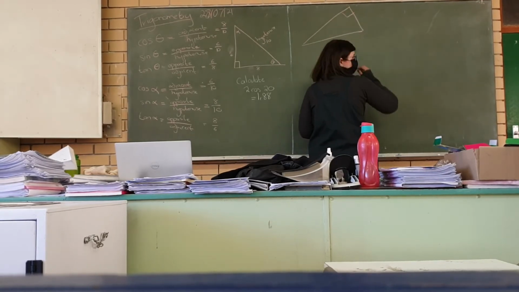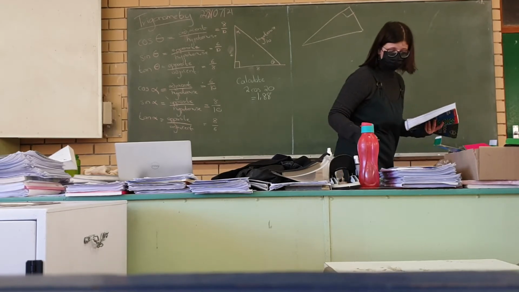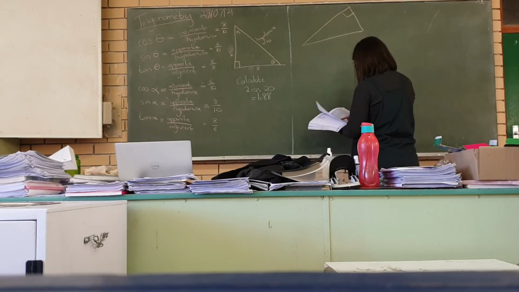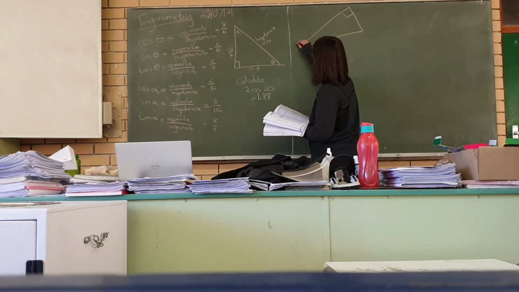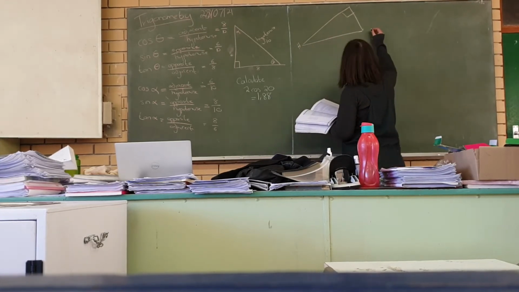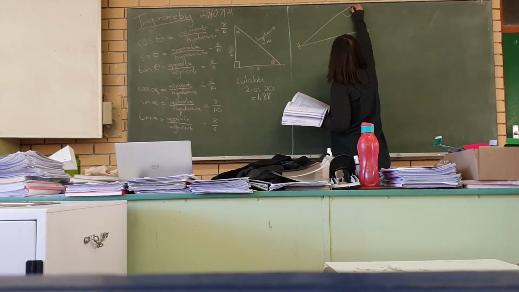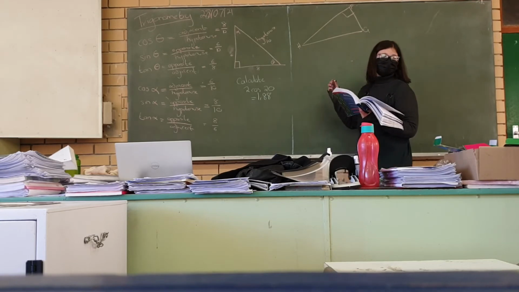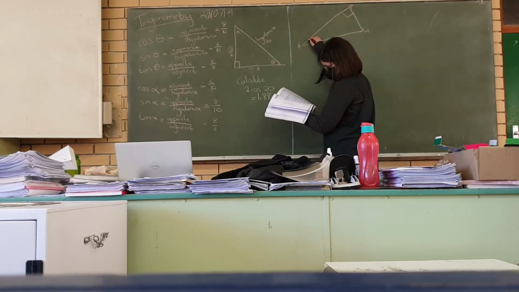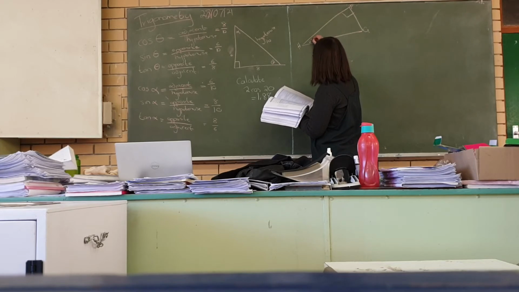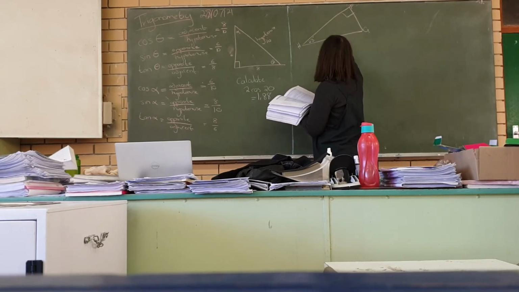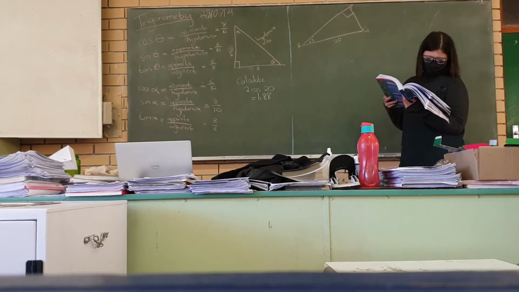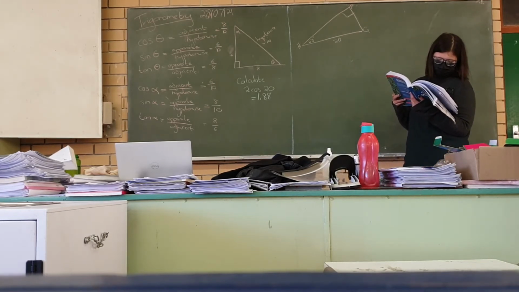Has a right angle. If I have a triangle that looks like this, I've got H, I've got G, and I've got F. 114. Alright, and this is 23 degrees, and this is 20. Alright, I say calculate FG.